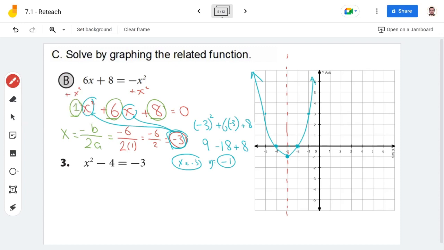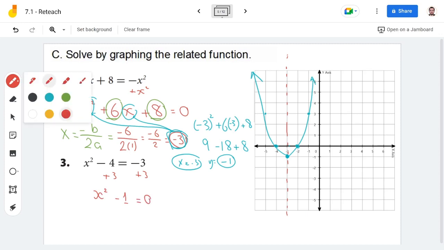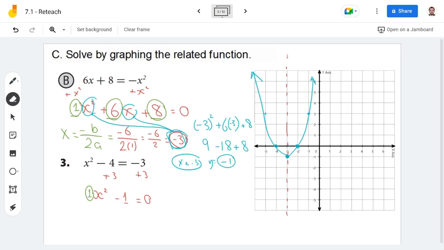We do the same thing. We add 3 to both sides. So now my function will be x squared minus 1 equal 0. Now look at the function here. Do I have A? Yes, A is 1. Do I have B? No, I don't have B. That means I can't use the formula here.